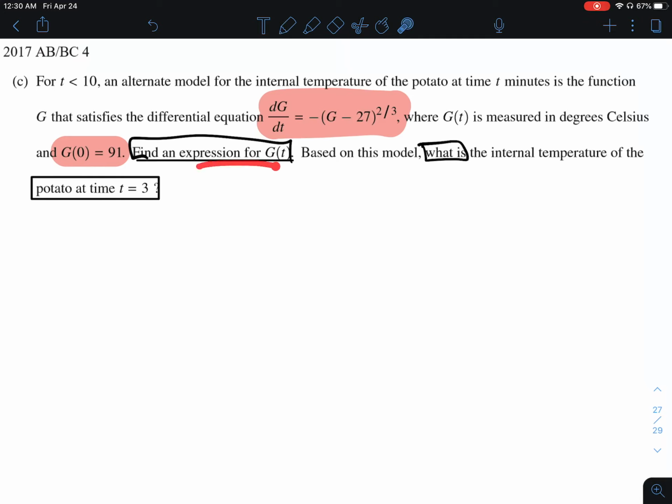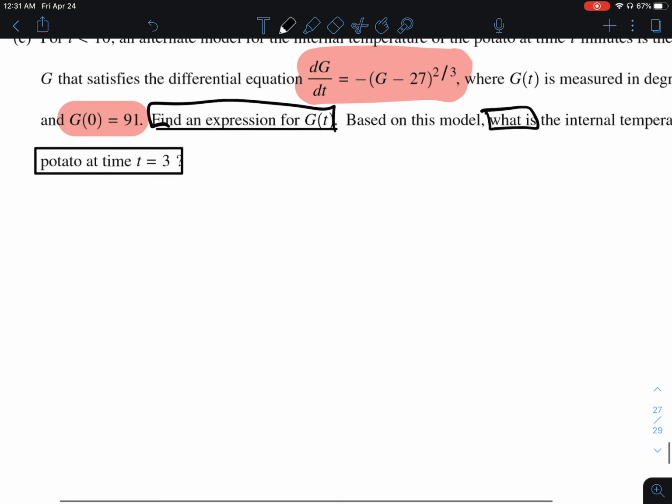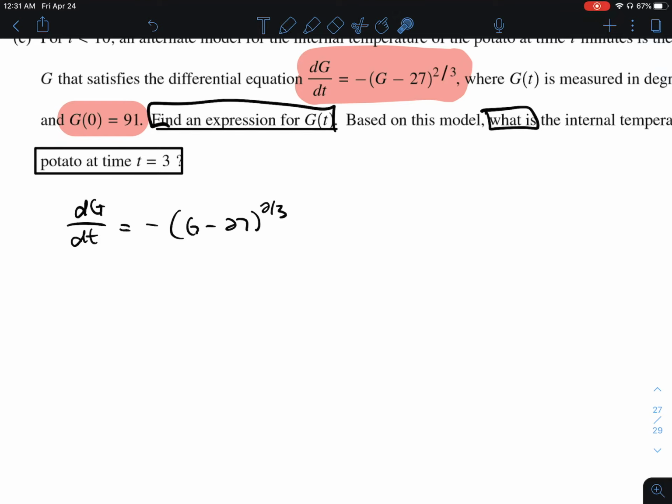In order to figure out what G of t is, we're going to have to separate these variables, which is a ton of work, but I don't see any other way that we can do it. Going to multiply both sides by dt.